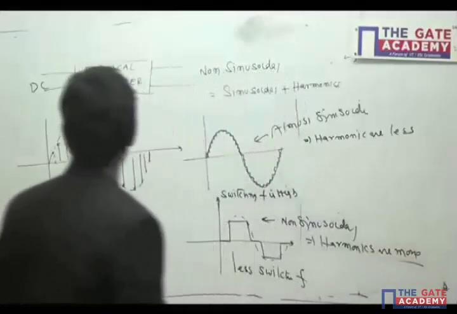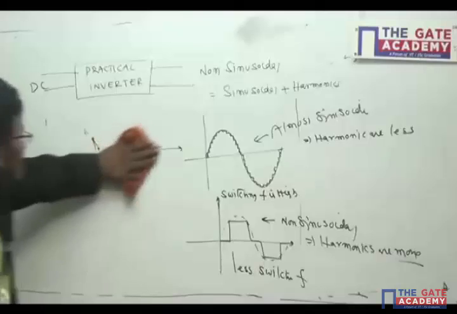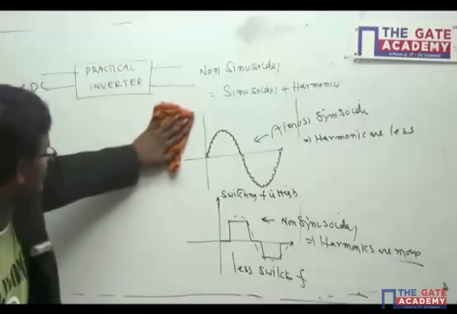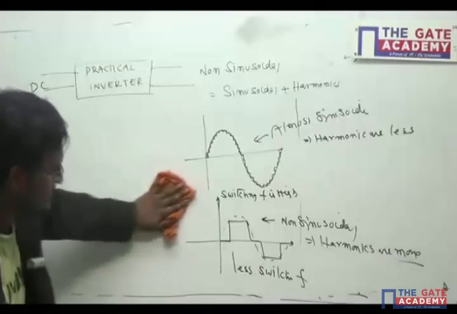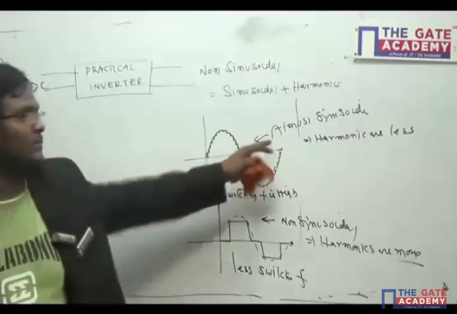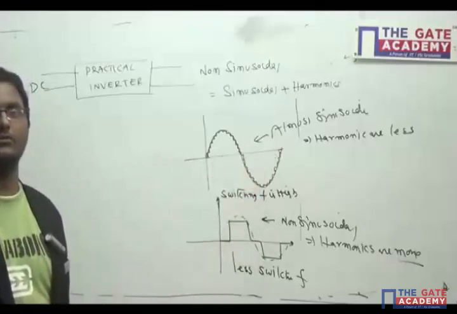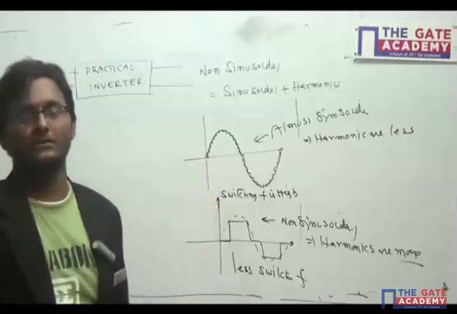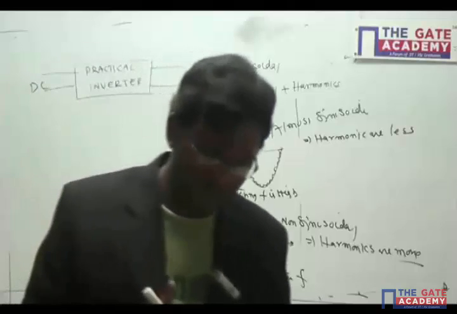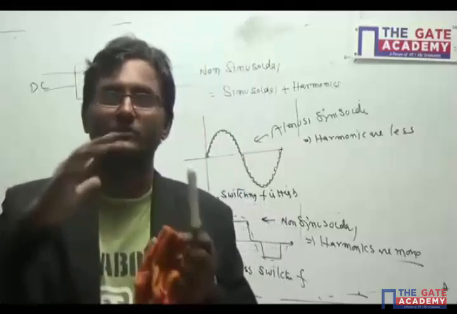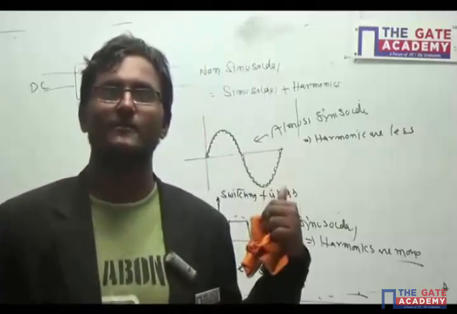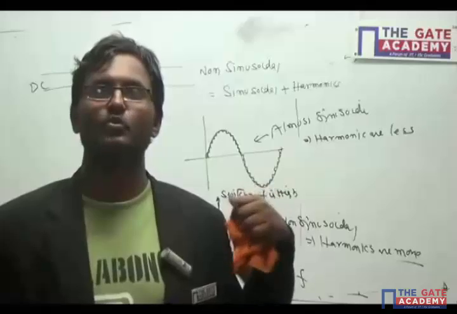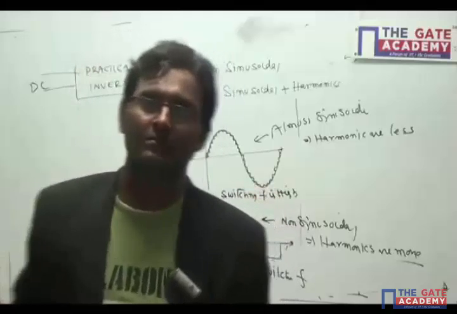So what can I say? If the switching frequency of the inverter is very high, then you may get almost sinusoidal. In DC to DC converters, the reason why we go for high frequency is to reduce the size. But here, it is to get the pure sinusoidal waveform.